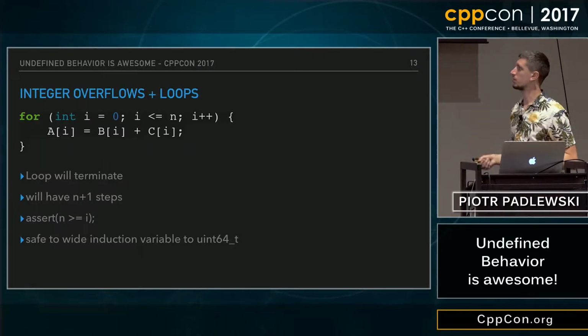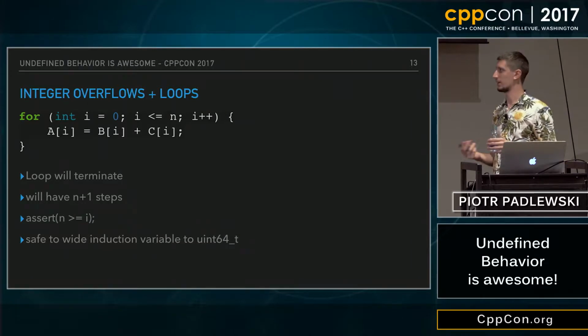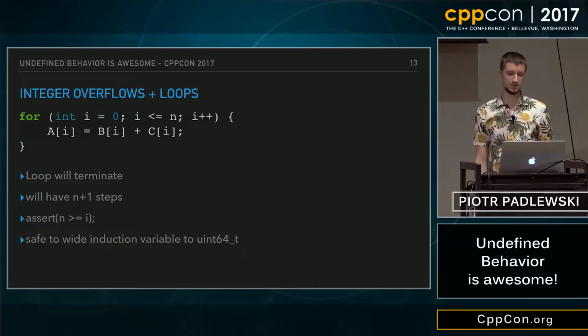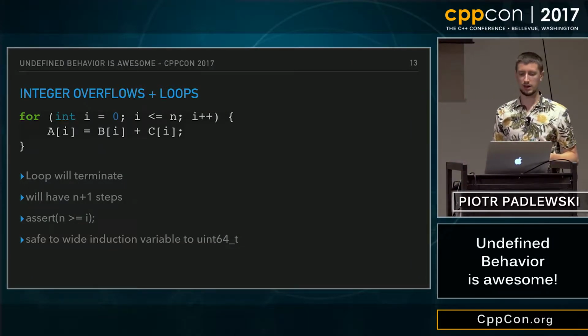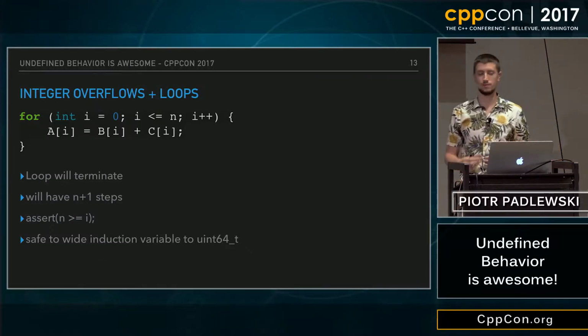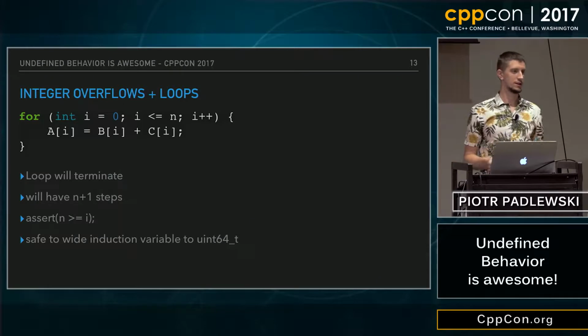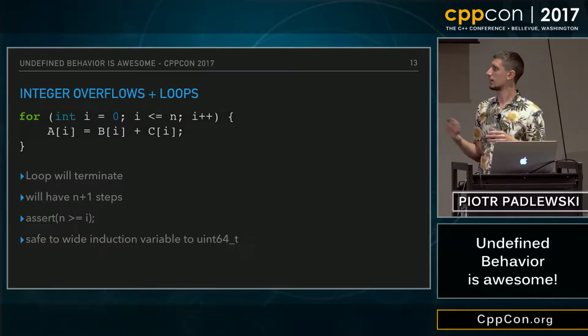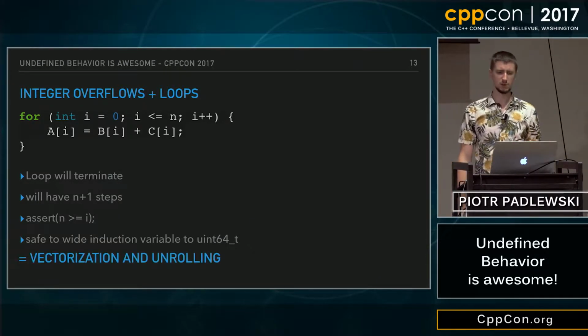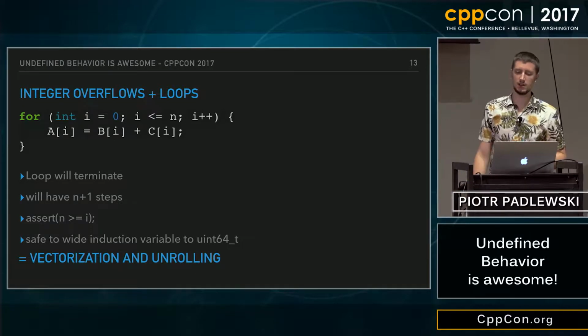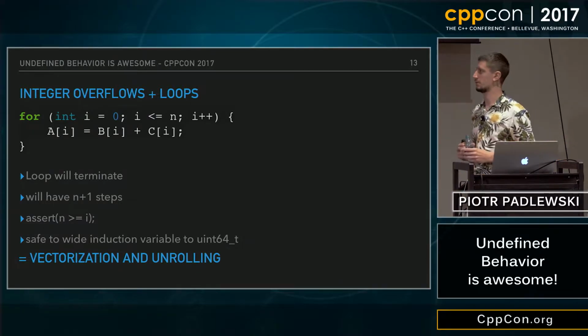And it would be much slower, especially if this loop is pretty hot. Because we know that the overflow cannot occur, we can just widen it to 64 bits, and it will work. So with all those cases, vectorization and unrolling are basically much simpler.